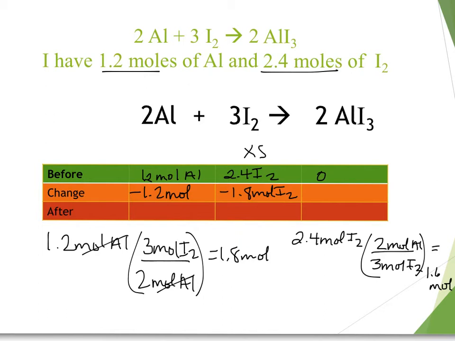To figure out products, you take your limiting reactant, the 1.2 moles, and set up your molar ratio. So it's 2 moles of aluminum to 2 moles of your aluminum iodide. 2 to 2 ratio, that's all going to cancel out, so you make 1.2 moles of aluminum iodide.